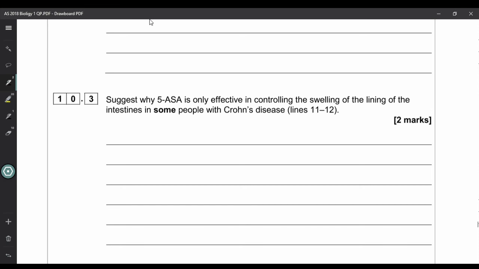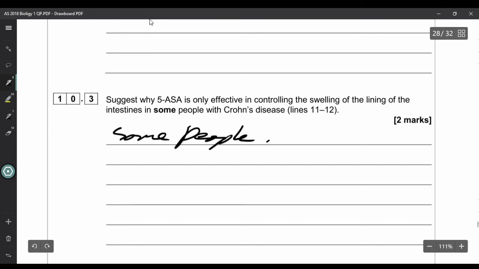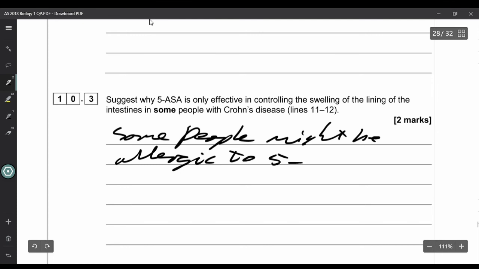But there's a couple of reasons why this drug might not be appropriate to some people. So some people may be allergic to 5-ASA. Like a lot of drugs, people can be allergic to them.